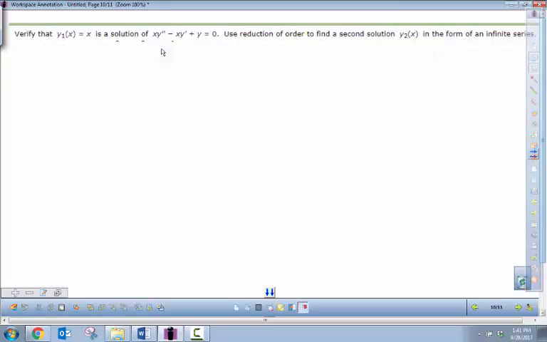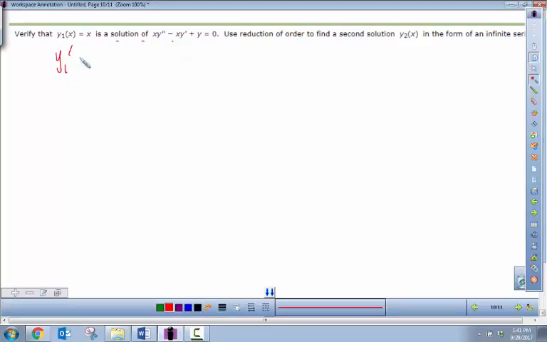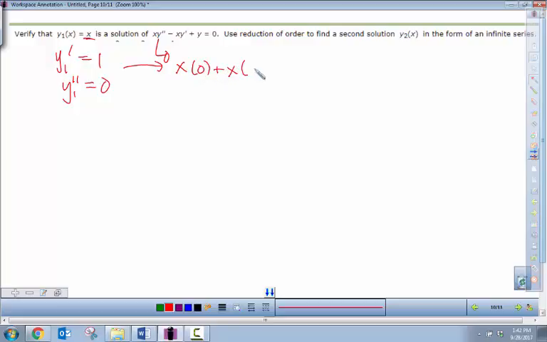Okay, so this is a solution. Verify that this is a solution. y1 prime is equal to 1. The second derivative is equal to 0. If we were to take the derivative of x twice, we get that. So we check that in the differential equation. We got x times 0 plus x times 1 minus y is equal to x minus x.